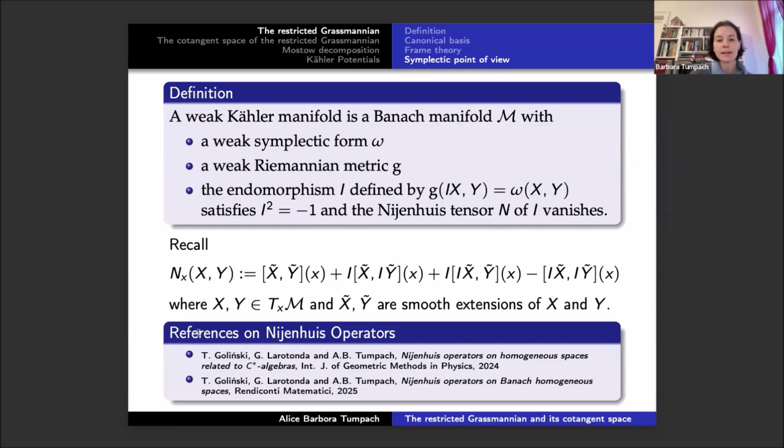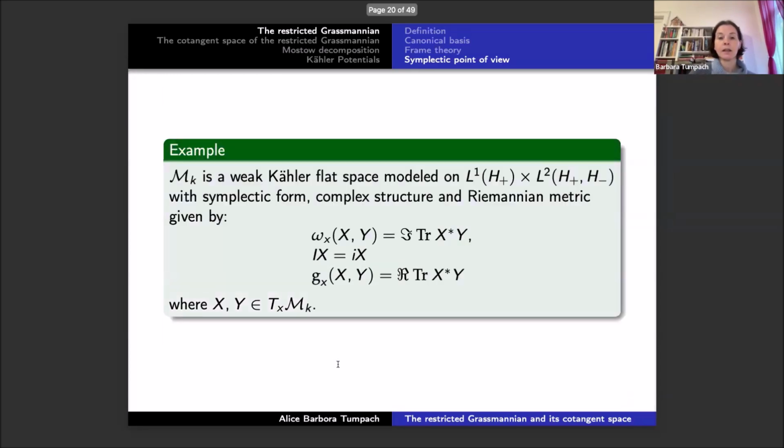With Thomas and Gabriel, we were interested in more general Nijenhuis operators than complex structures, and here are two references for this, in the case where the Banach manifold is a homogeneous space. And also Daniel Beltiță has a lot of work on this, but you can find a reference in our paper.